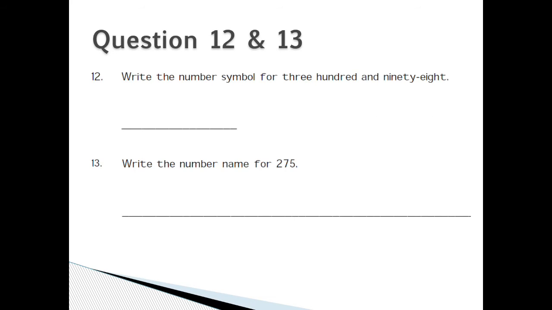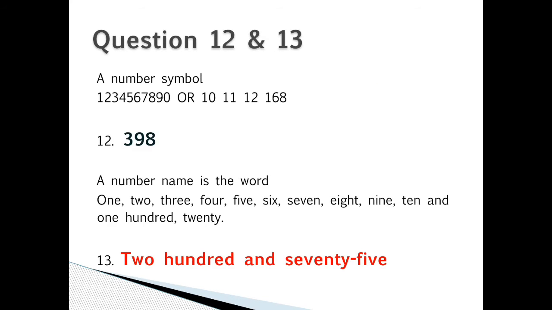Question 12. Write the number symbol for 398. 13. Write the number name for 275. A number symbol is 1, 2, 3, 4, 5, 6, 7, 8, 9, 0 or 10, 11, 12, and so on. 12 is equal to 398.